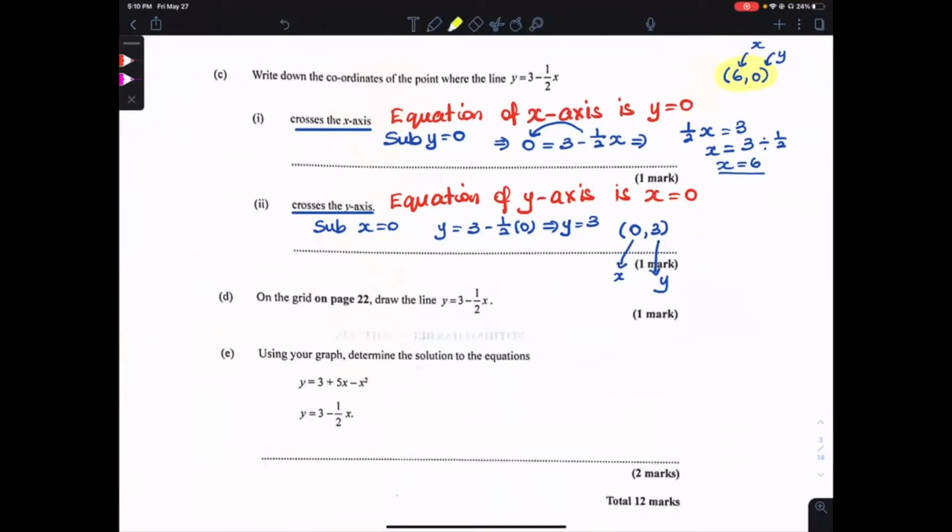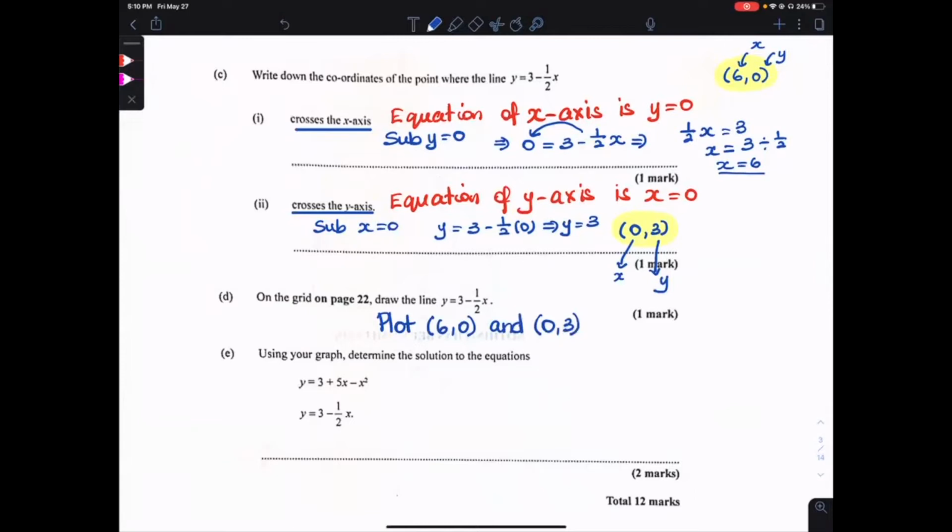So we want to make sure that this is crystal clear. We want to make sure we understand that completely. The next one is what they ask us to draw this line. So we are going to plot on our graph the point 6, 0 and the point 0, 3. Because to draw a straight line, we only need 2 points.